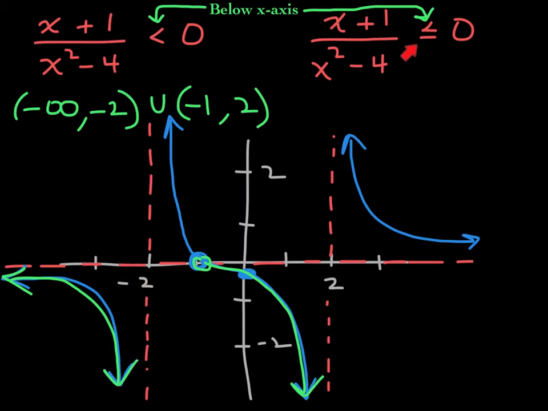So although this is non-strict, I cannot put a bracket on negative 2 or positive 2. So basically, when you're working with rational expressions, if you have a non-strict inequality, you can only put a bracket on an x-intercept. And the x-intercept here is negative 1.